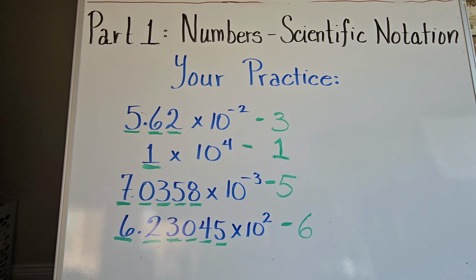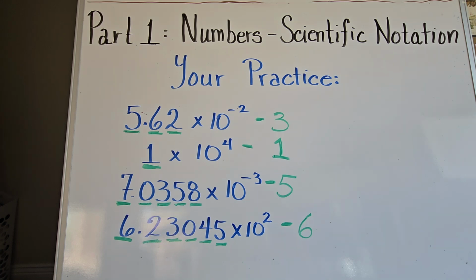Our first one, 5.62 times 10 to the minus 2, all of those numbers coming before the 10 to the something part are significant. So we have three significant figures. Notice on our second one, we don't have a decimal in here. That's okay. There's only one significant figure, and that is the 1.